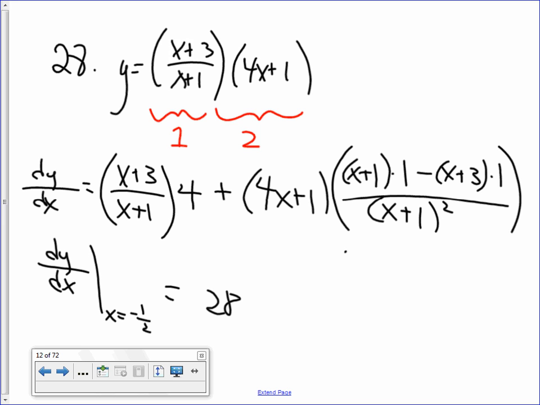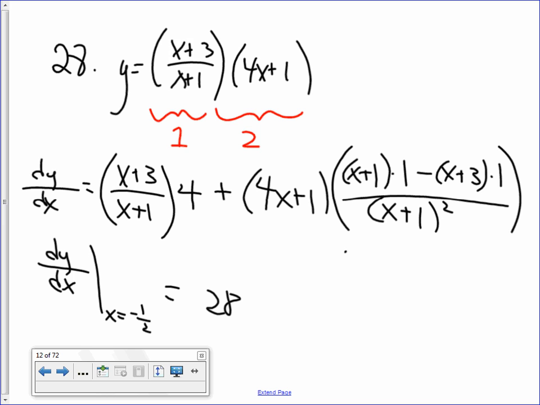People look at this, they see a quotient, they see a product, and they say, how do you even start getting the derivative? You can't get them separately. When you want to get the derivative of something like this, ask yourself, is the whole picture a quotient? If you look at all this, is the whole thing a quotient or just the first part? Just the first part, right?